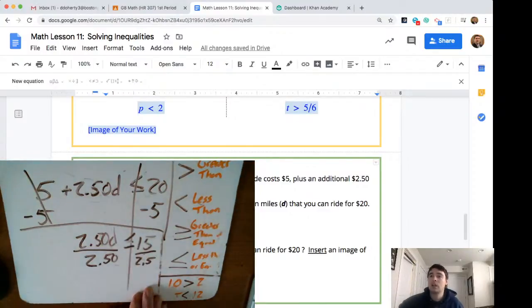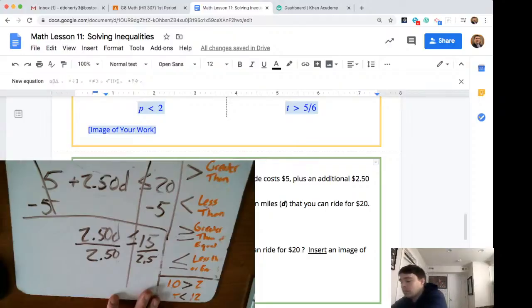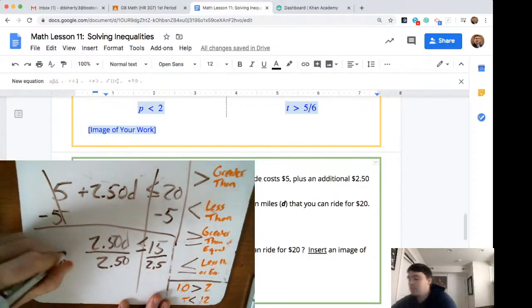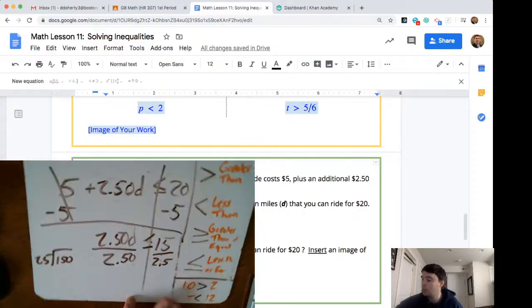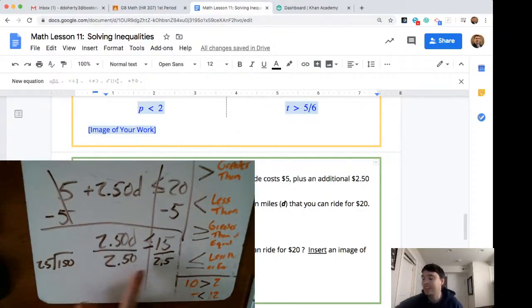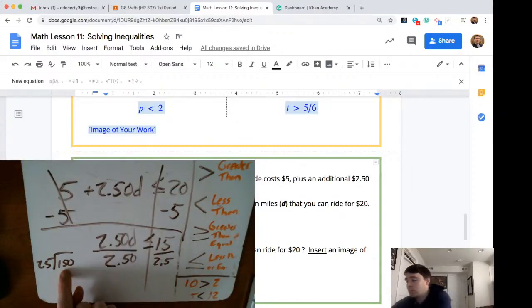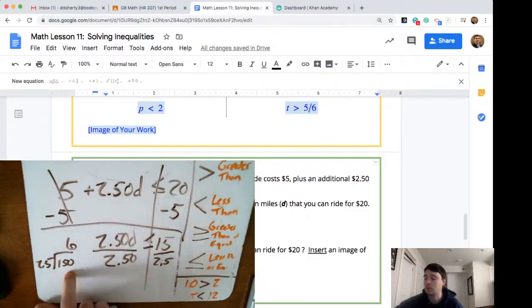You could use a calculator if you want, but I know when I do 15 divided by 2.5, that's really the same thing as, if I multiply them both by 10, 150 divided by 25. You could use a calculator, but it's going to give you 6, because 6 times 25 gets you to 150, or 6 times 2.5 would get me to 15.